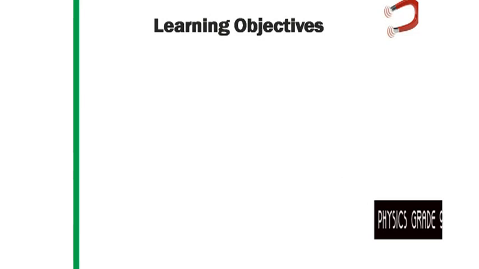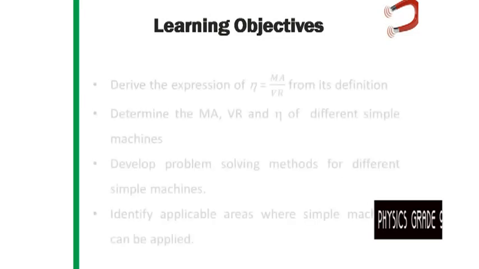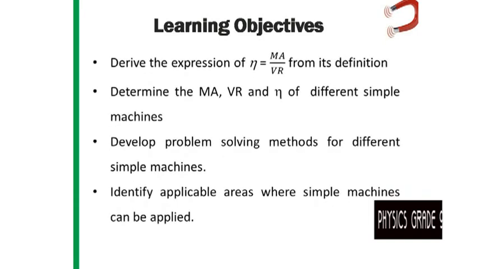In addition, students are also required to be able to do the following. You should be able to derive the expression: efficiency is equal to mechanical advantage divided by the velocity ratio.